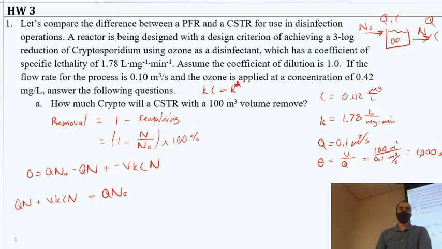I'm going to divide everything by Q. So we'll have N, and I'm going to go ahead and factor out the N's on this side too while I'm at it. So 1 plus V K C, but I'm dividing everything by Q, so this will be theta.